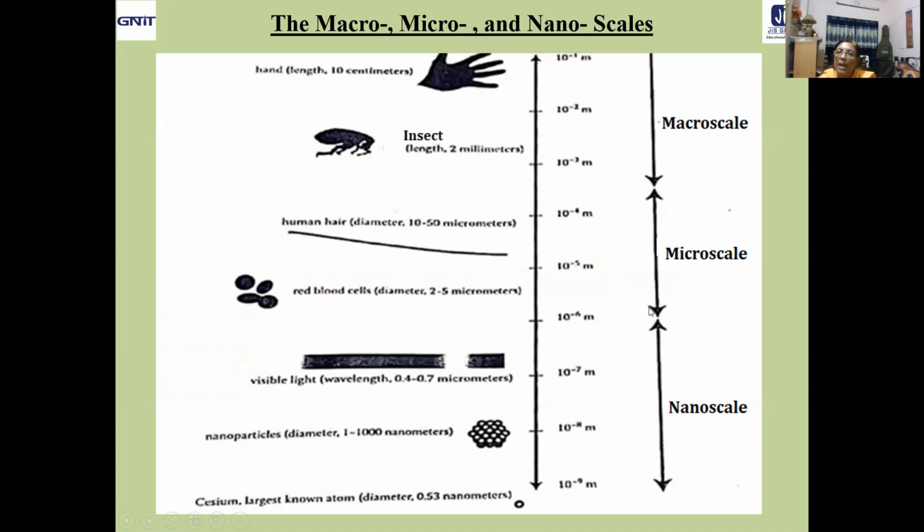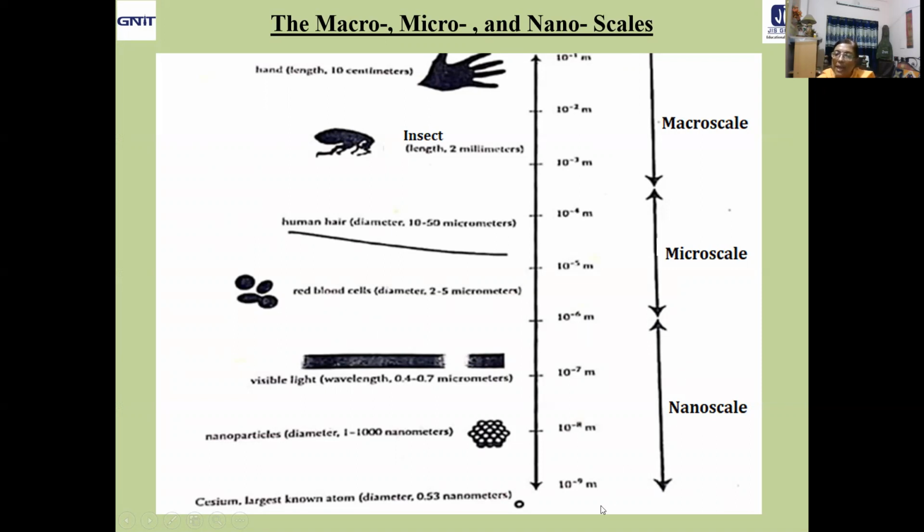Now, what about the micro scale? It is from 10 to the power minus 6 meter to 10 to the power minus 4 meter. In the micro scale category, we have human hair, whose dimension is 10 to 50 micrometers. RBC, or red blood corpuscles, are cells which have a diameter of 2 to 5 micrometers. Then comes the nanoscale.